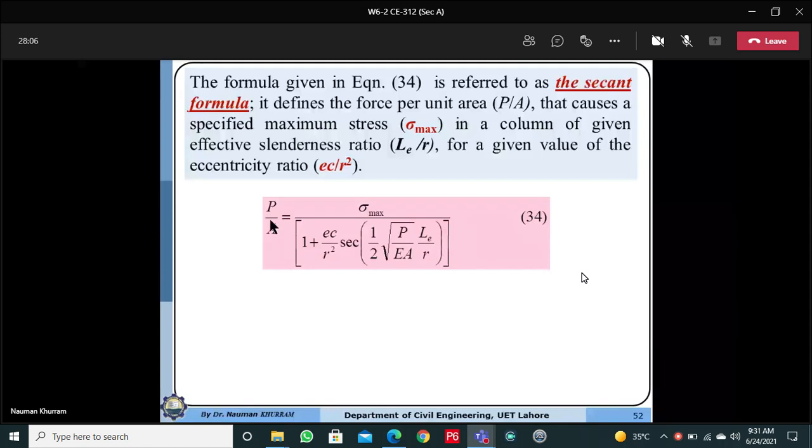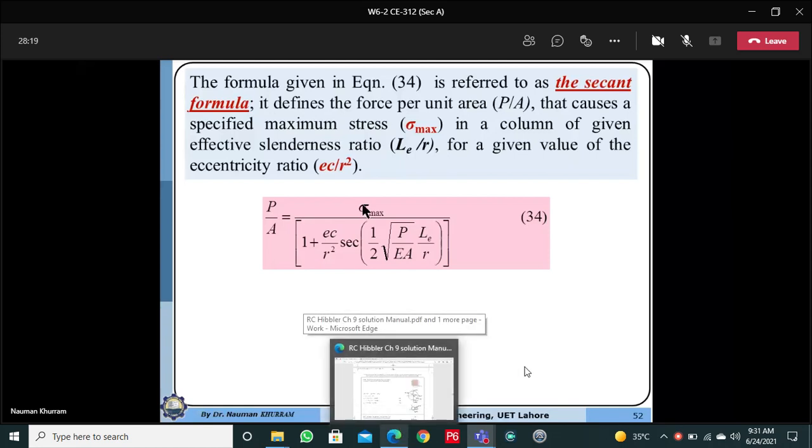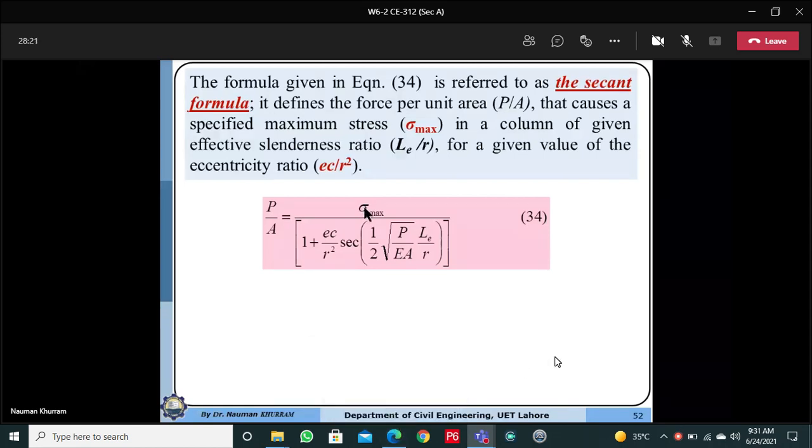For example, I want to determine if a material will fail when the stress is equal to the yield value, sigma maximum or yield. So I want to determine at what applied stresses the stresses in the column may be equal to yield stress, and that is a function of the slenderness ratio and eccentricity.